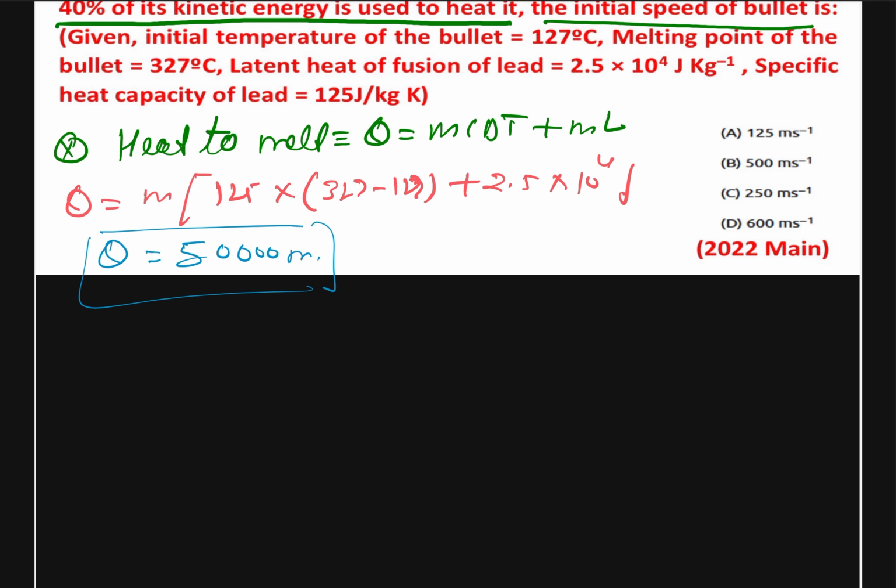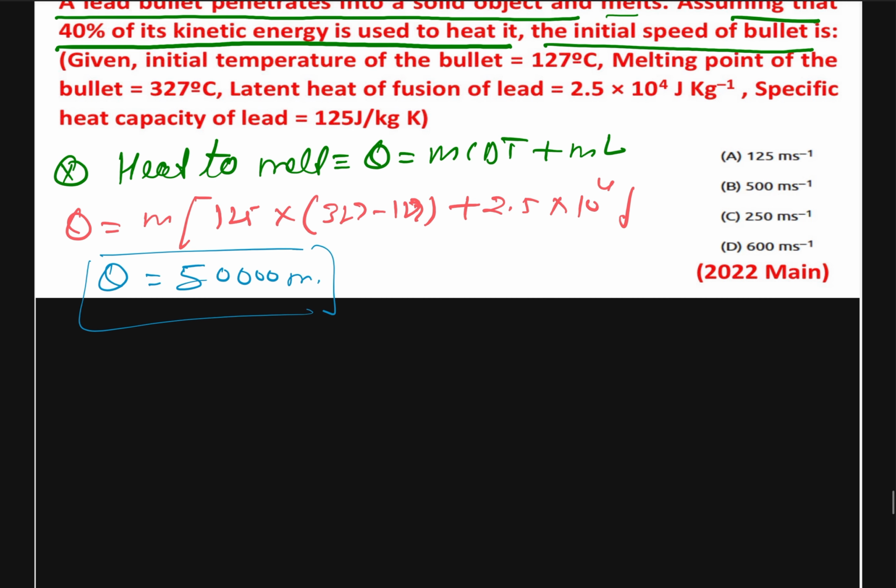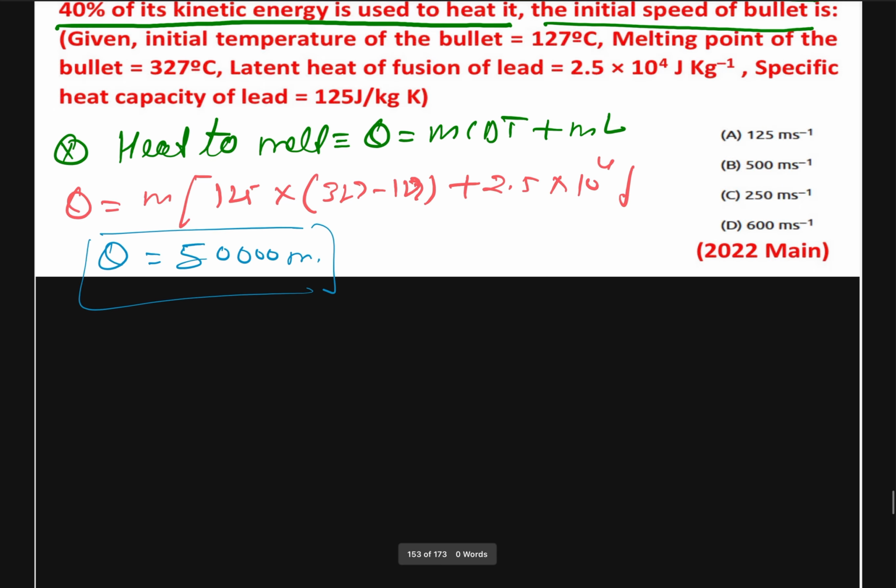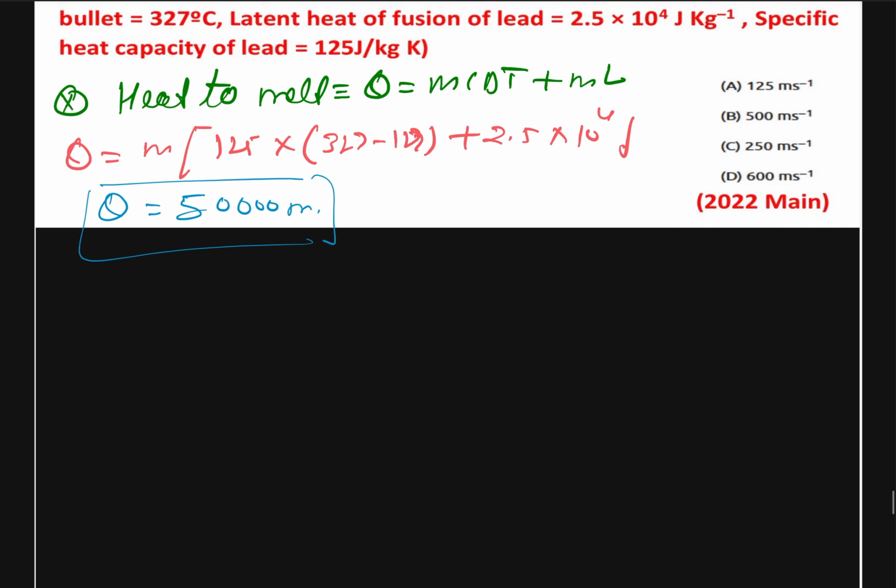And only the 40% of kinetic energy E will be converted into Q. So let's find out our kinetic energy. We can say kinetic energy is equal to half m v square.